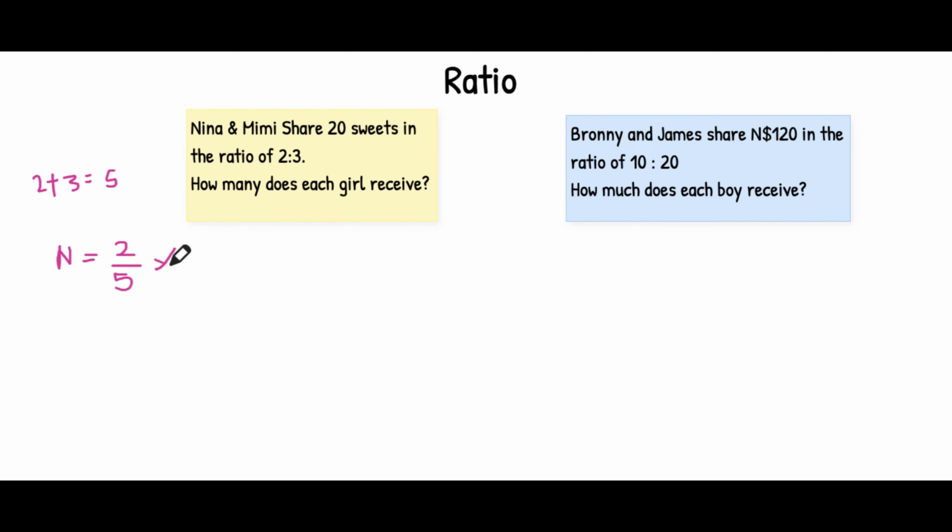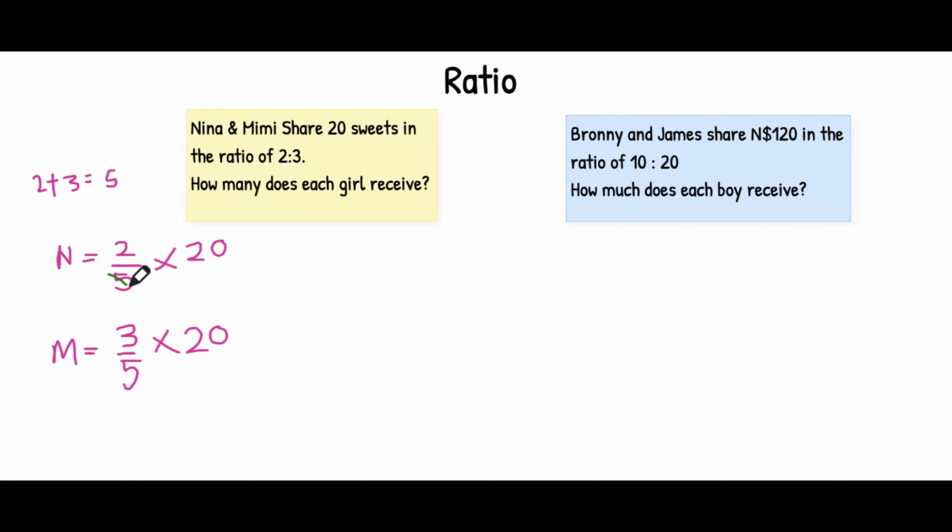Then we multiply that with the 20 sweets that we are trying to share. And Mimi, I'll just make it an M, is represented with 3 parts over a total of 5, multiply by 20.